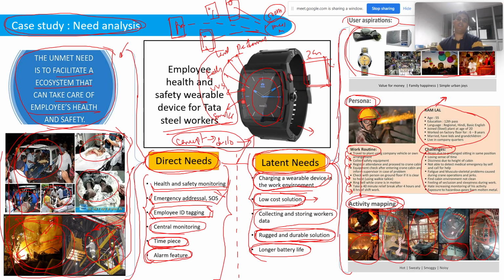Oh, okay. Yes. So this was a problem of employee health and wearable safety. There are a lot of industries actually. This was a very niche product for Tata Steel, and this product is currently available in beta version.